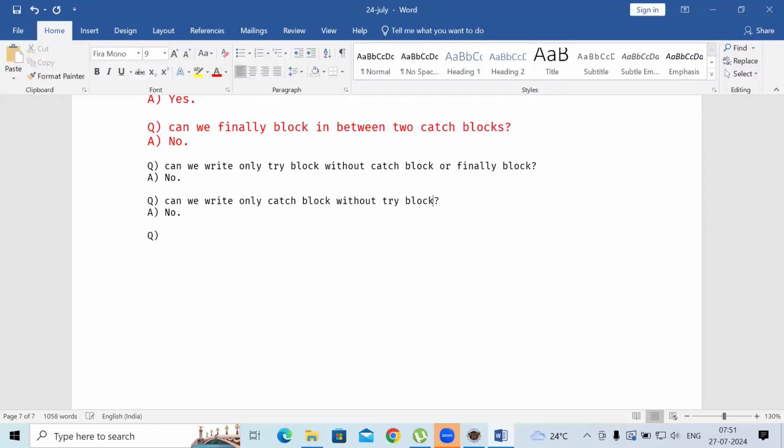Answer is no. Similarly, can we write only a finally block without a try block? Again, answer is no.